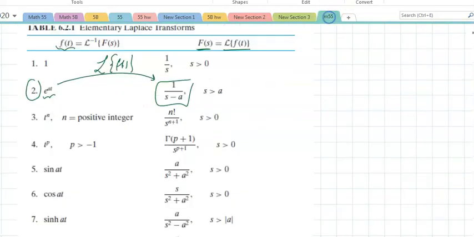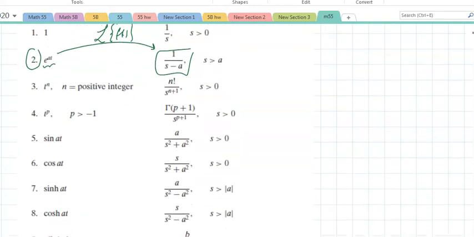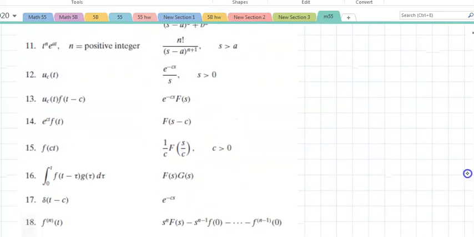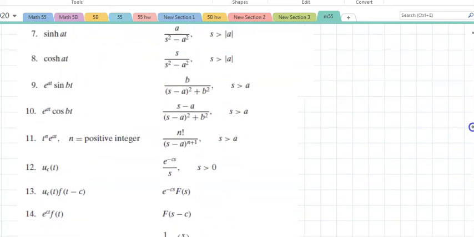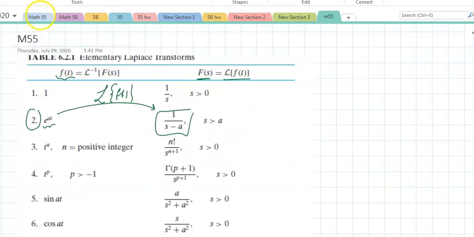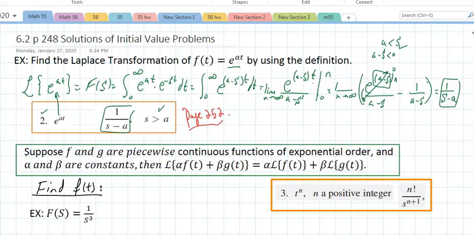This formula table, they worked out everything that we did in section 6.1. We could derive all of this. You did most of it on the homework, or I did most of it answering your questions when you asked for those. So this table is provided on the test. You don't need to memorize, you just have to know how to use it.